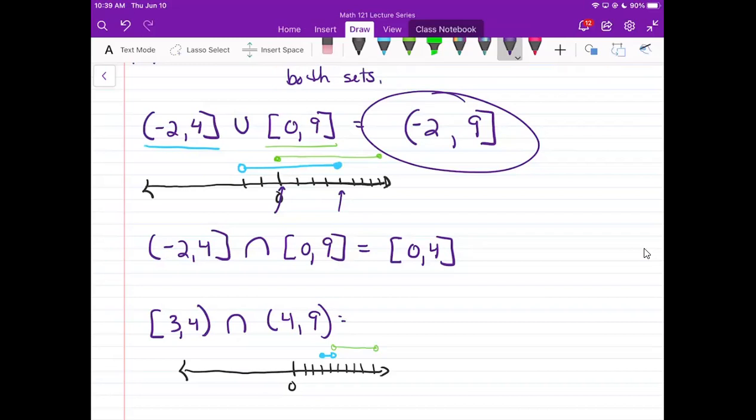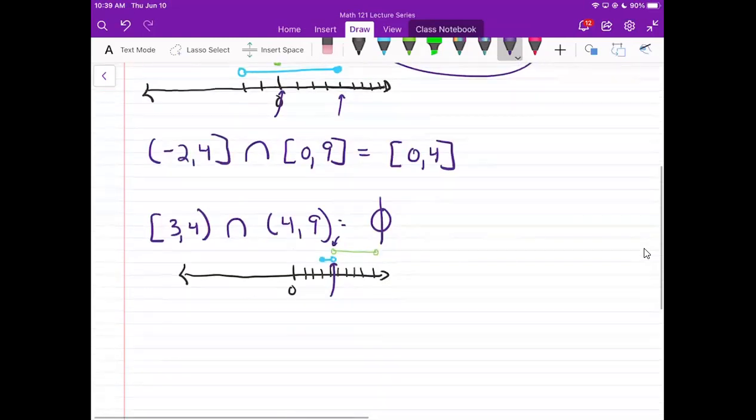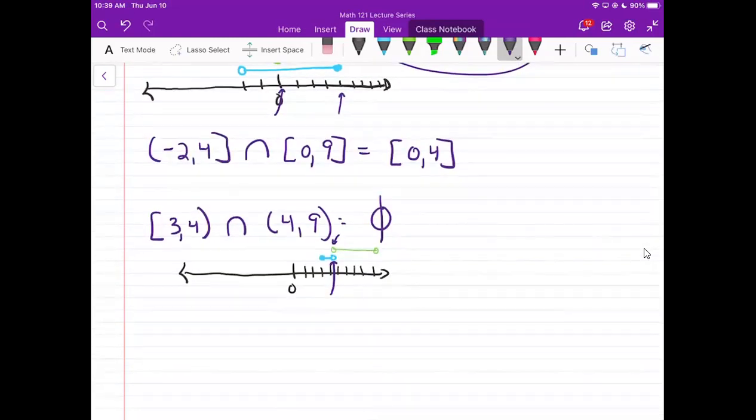Well, notice nothing is blue and green. Even though they overlap here, both of those are open. And so what happens here is we call this the empty set. There is no intersection.